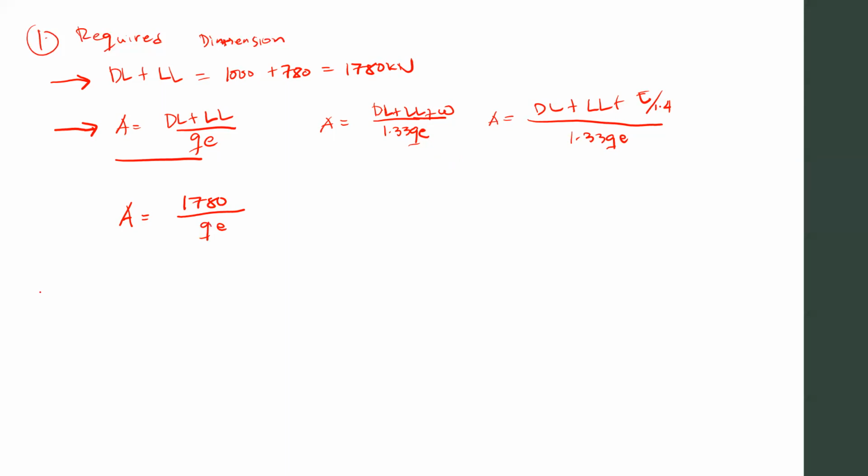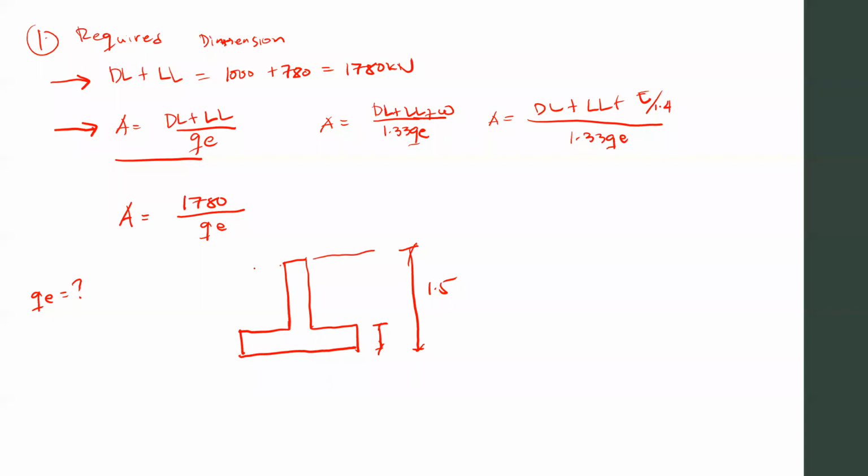So, what is QE? QE is yung effective, 'di ba? So, if ito drawing natin yung ating foundation, sabi dun sa foundation natin, that is 1.5 meters. Ito daw yung 1.5 meters. Okay? So, ito yung NGL. Okay.